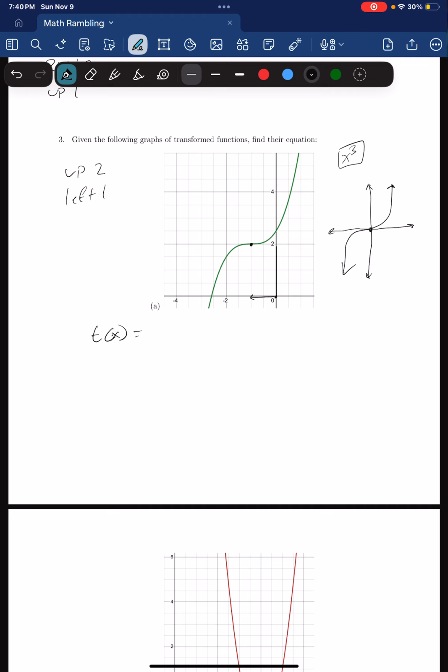Because I'm looking at where 0, 0 on our parent function is on our transformed function. I know the flat point of our x cubed function normally goes through 0, 0. So now I'm looking at where the flat point of this function is now. It's at -1, 2, which means that our function went left 1 and up 2. All right.